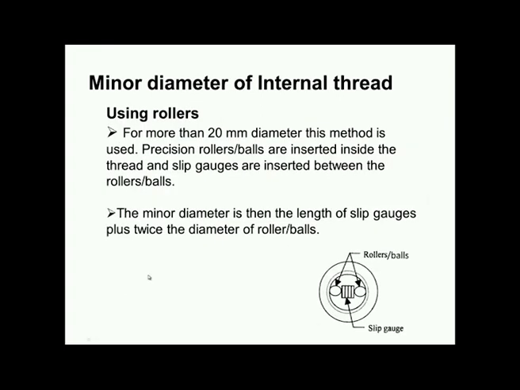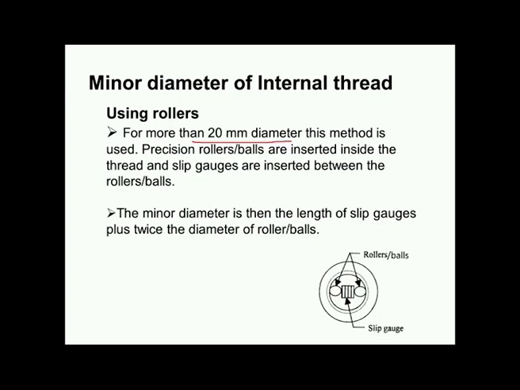Now, using rollers or balls, we can measure the minor diameter of internal thread. This is used when the screw thread diameter is more than 20 millimeter. Precision rollers or balls are inserted inside the thread as shown in this schematic diagram, and slip gauges are inserted between the rollers or balls.